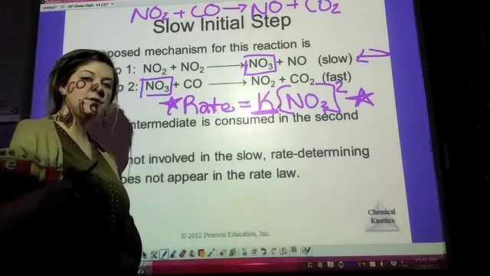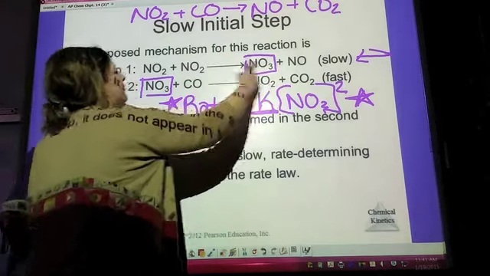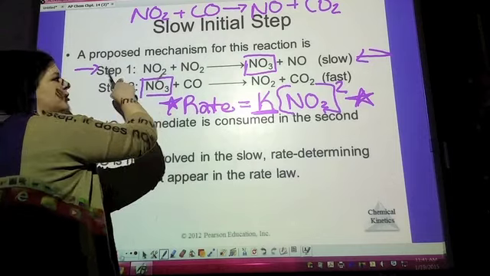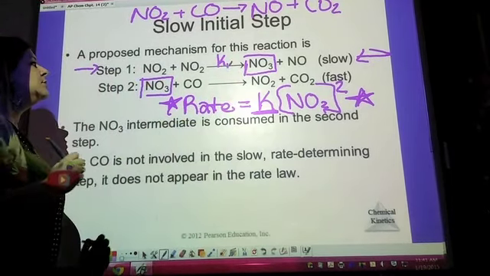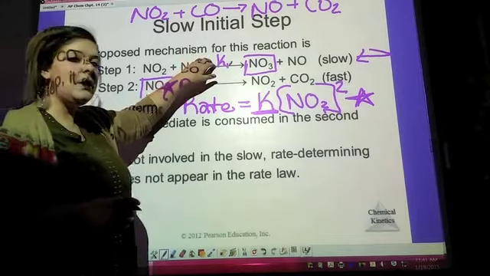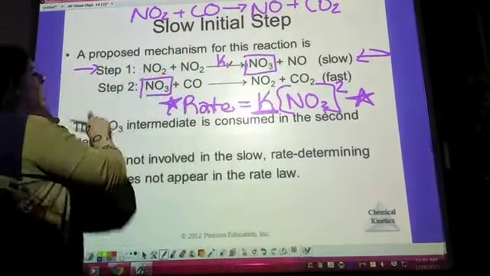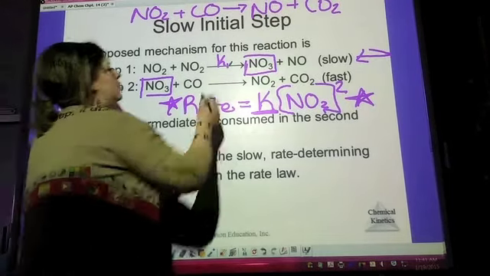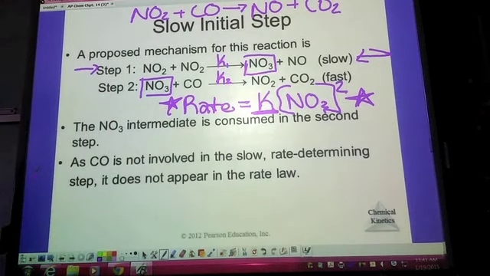So always above your proposed mechanisms, will you do something for me? I want you to, above the arrow on the first step, call that K sub 1. Just so that way we know it's the rate constant for the first step that happens to be the slow step. On step 2, I want you to call that, surprise, surprise, K2.